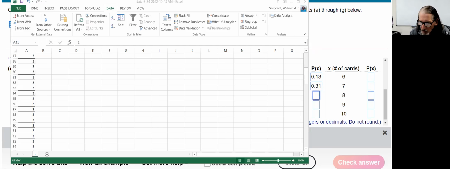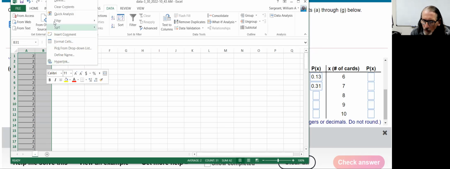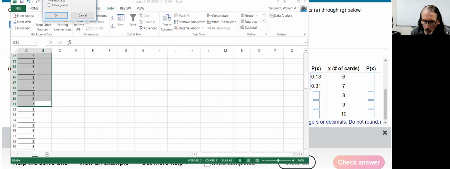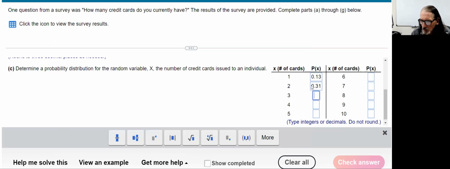Again, I'm going to erase so that I can be counting from 1. Then I can always undo that if I need it later. Make sure I got rid of all those. Okay, so now we're starting at those that had 3. And there are 30 of them. 30 divided by 100, 0.30.